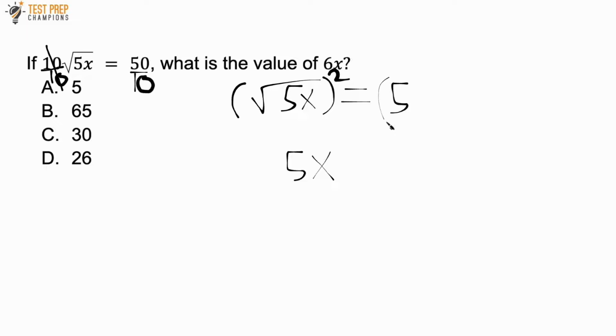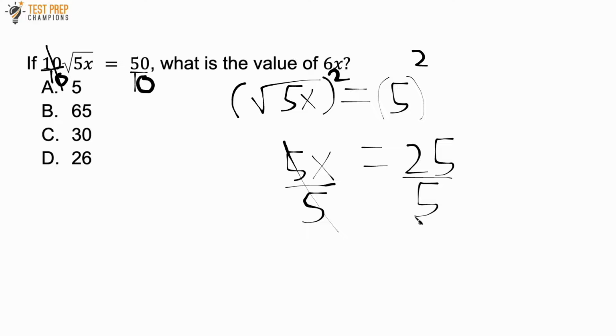And if I square 5, I get 25. So I have 5x equals 25. So to get x, what I'm going to do is divide by 5 on both sides of the equation. So on the left-hand side, the 5s will cancel out. On the right-hand side, 25 divided by 5 gives me 5. So I'll figure out that x equals 5.